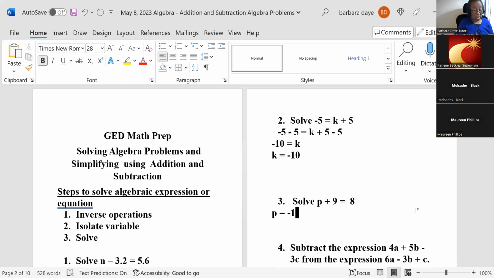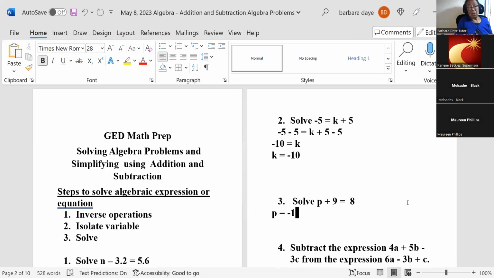And 1 is incorrect because when you put a 1 here for P, what's 1 plus 9, Mercedes? 10. And 10 is not equal to 8. So when you said that 1, you could have checked it. Put your 1 here for the P, add it to the 9, you get 10. That's not equal to 8, so my 1 can't be correct. You follow?